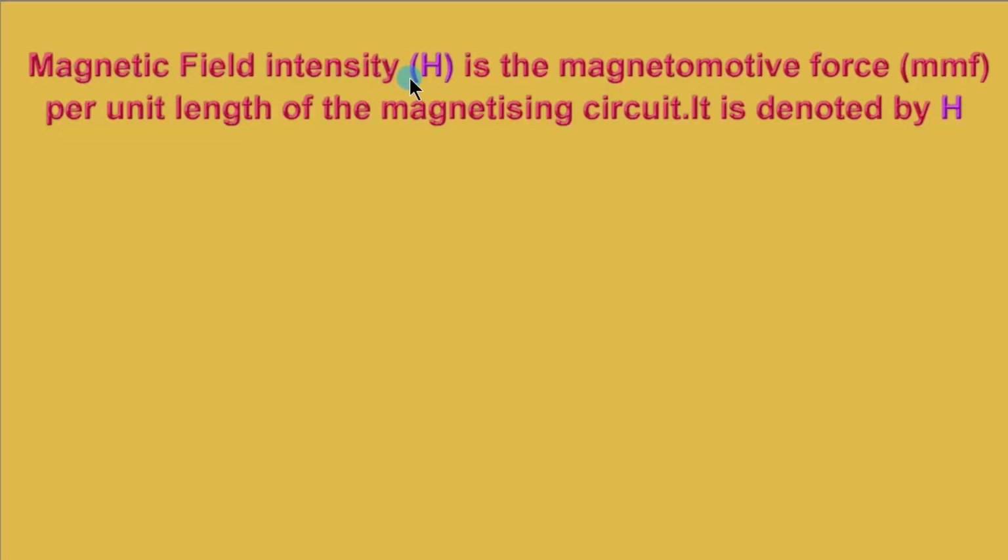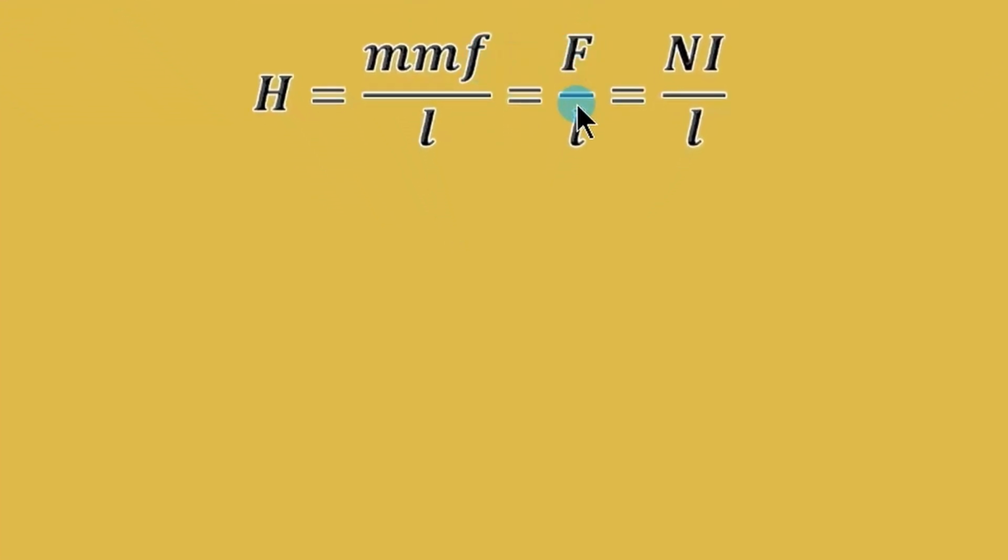Magnetic field intensity denoted by H is the magnetomotive force MMF per unit length of the magnetizing circuit. That is, magnetic field intensity H is equal to magnetomotive force divided by length, that is F divided by length.